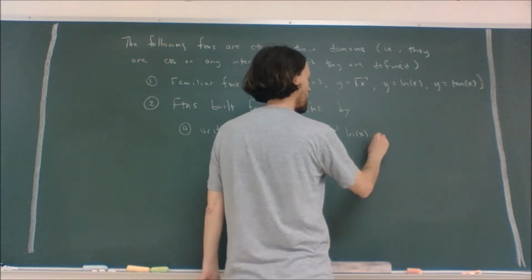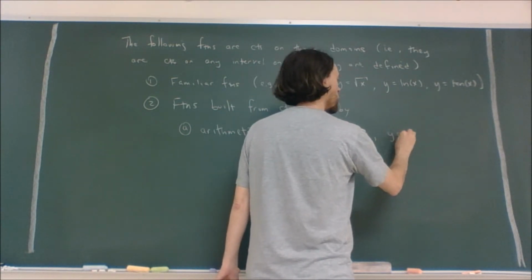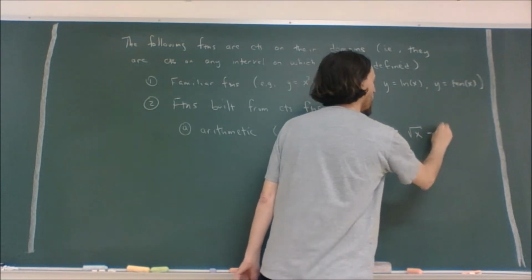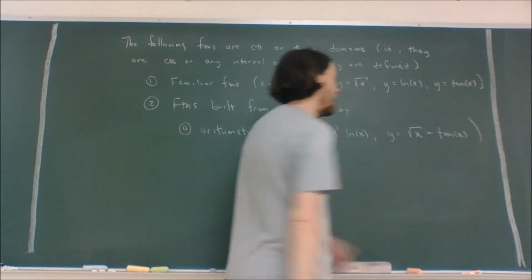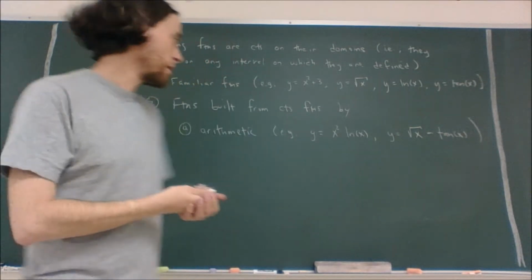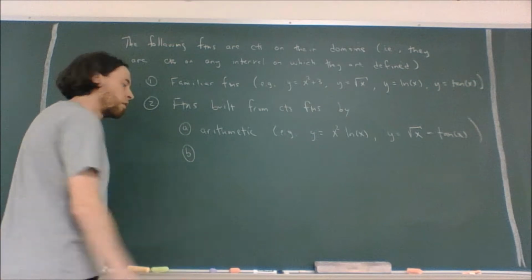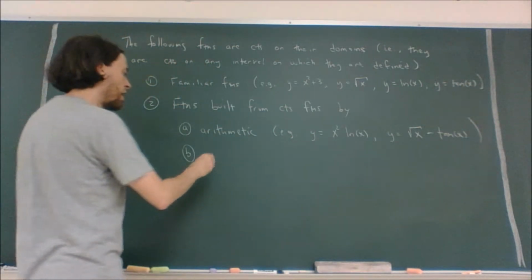Another example would be something like y equals square root of x minus tangent of x. That's built from these two continuous functions by subtracting. Okay? And the other way to build further continuous functions is by putting one inside the other one, which is called composition.